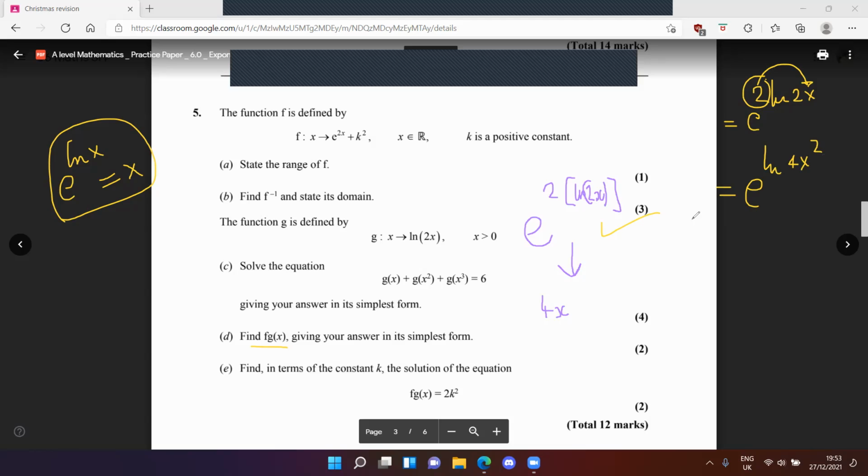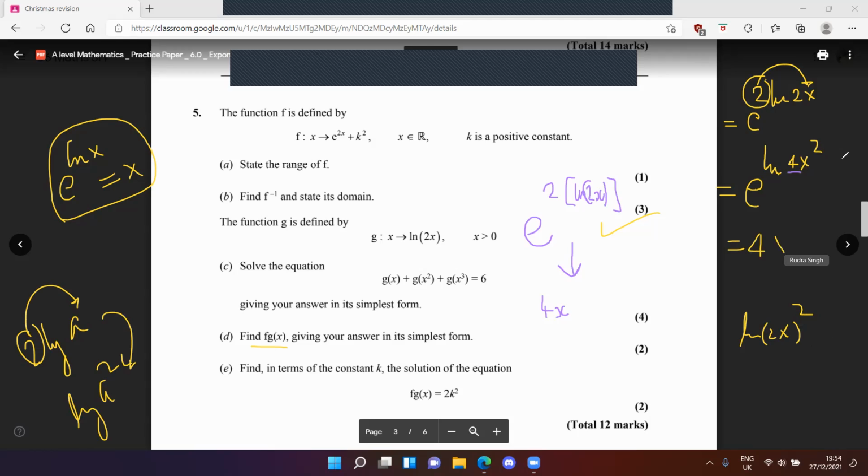Yes, because 2 times log a can be written as log a squared, since you move the power to the front. And it's ln 2x whole, whatever is inside is squared, so it's 4x squared. Now e to the ln of 4x squared simply becomes 4x squared, plus k squared.